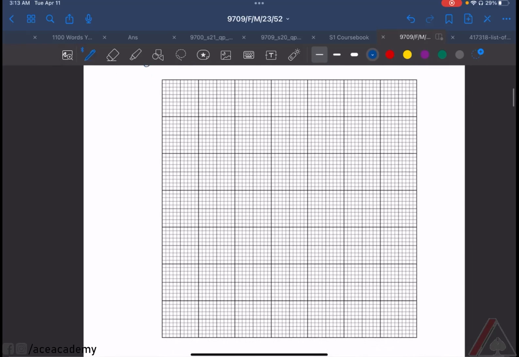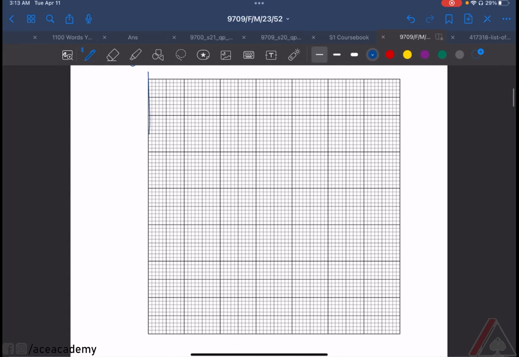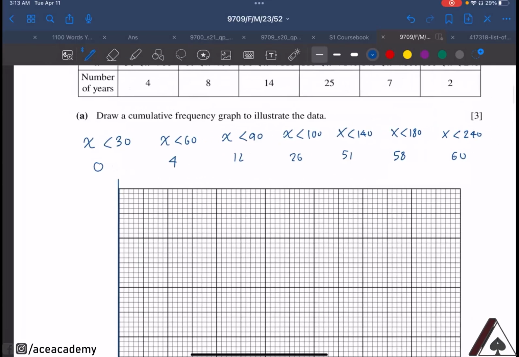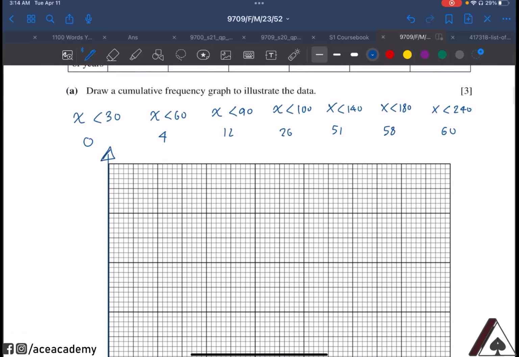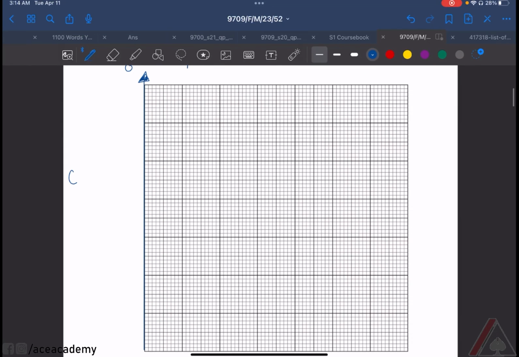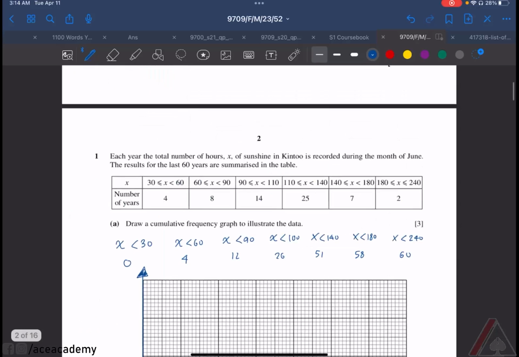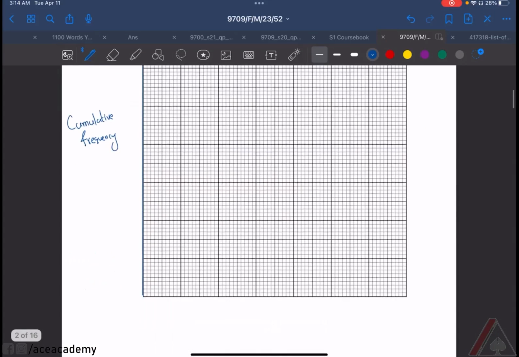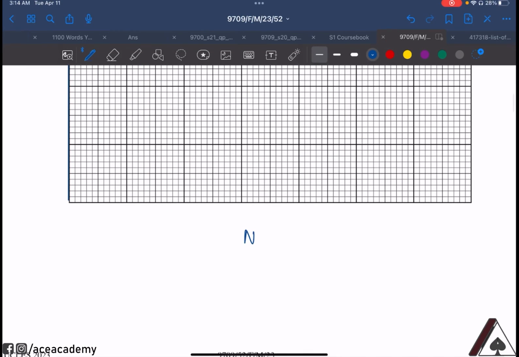So let's draw it. On the y-axis, there will be cumulative frequency. While on the x-axis, there will be the number of years.